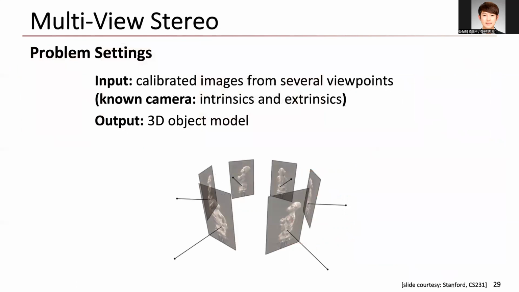This two-view stereo matching method is directly extended to the multi-view stereo matching problem. The problem setting is like this. Let's suppose that we have calibrated images from several viewpoints, based on the assumption that we have the intrinsic and extrinsic parameters.